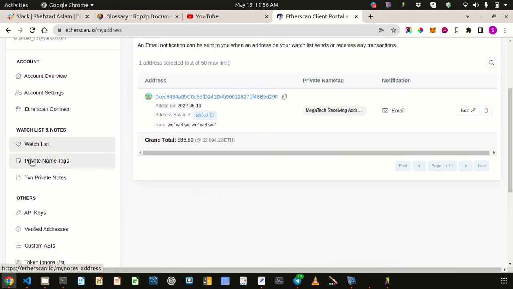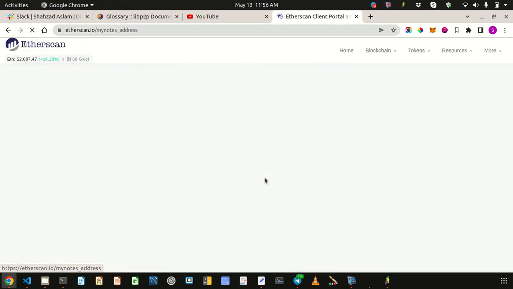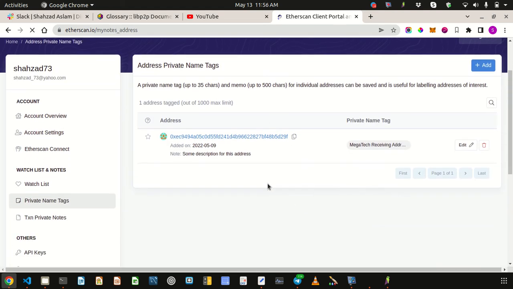The second is the private name tag. You can add any addresses, and you can give a specific, meaningful tag name to that address to be reminded.